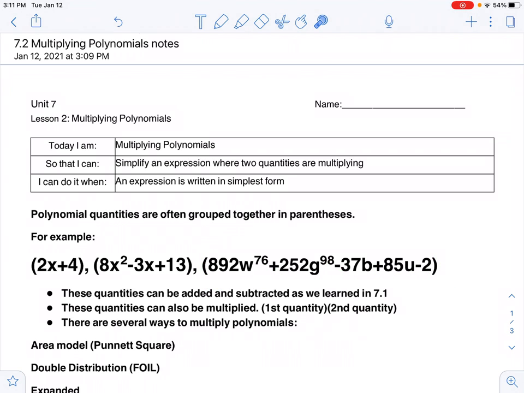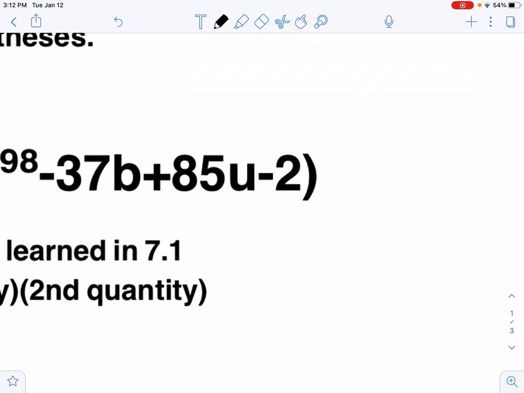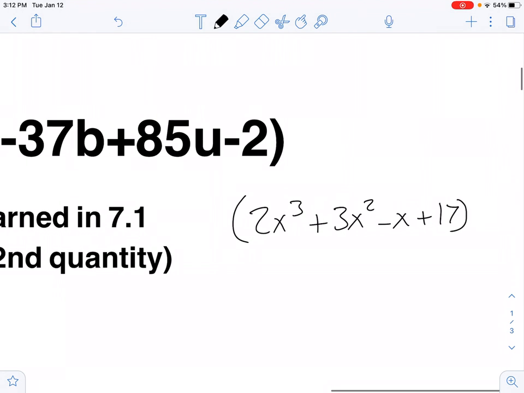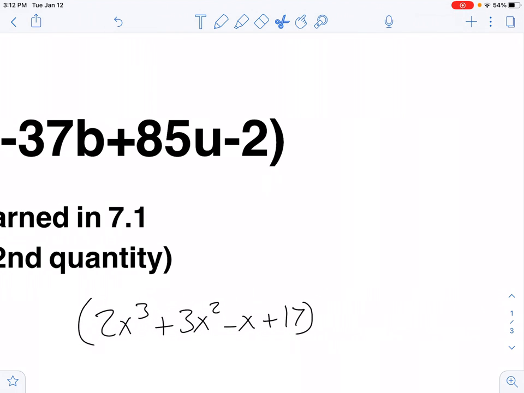So these quantities can be added and subtracted just like we learned in 7.1. So remember, if we think back to 7.1, you would have something like 2x to the third plus 3x squared minus x plus 17. And then we would add that quantity. Sorry, I didn't leave enough room to really write this example.